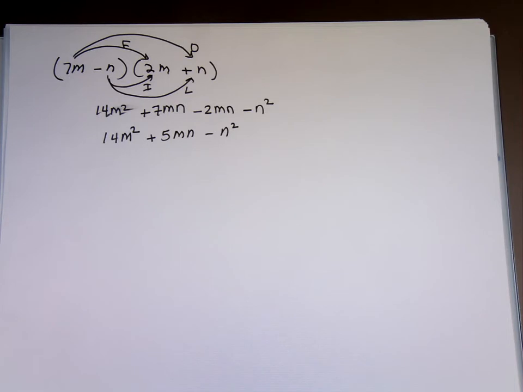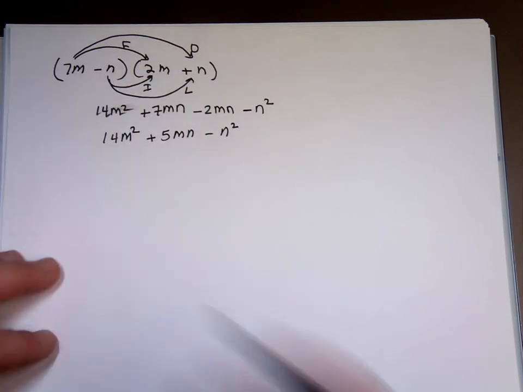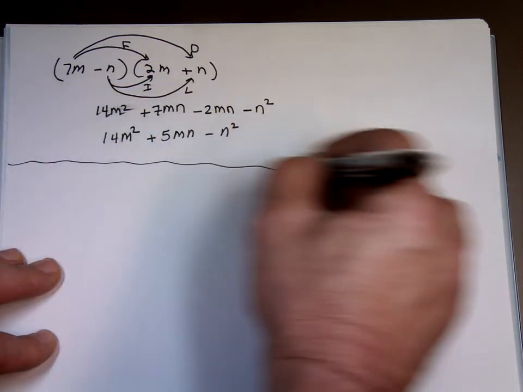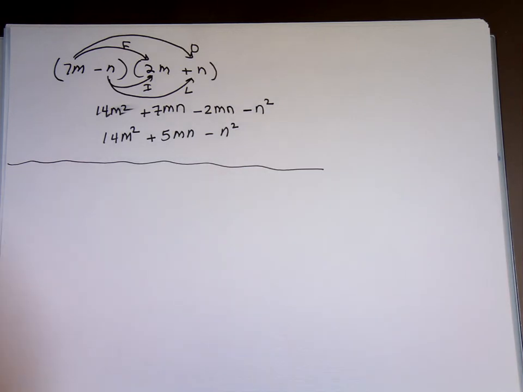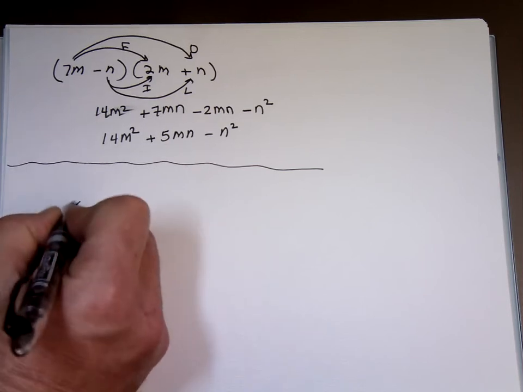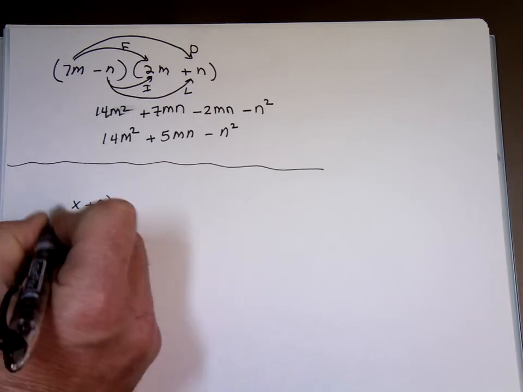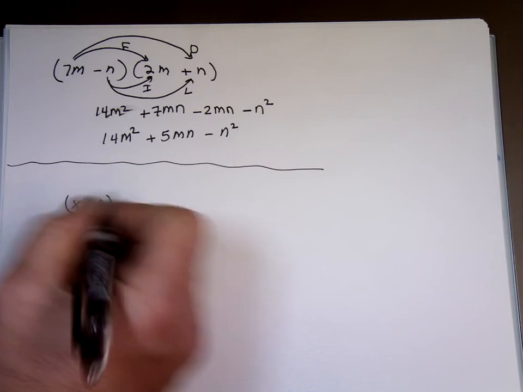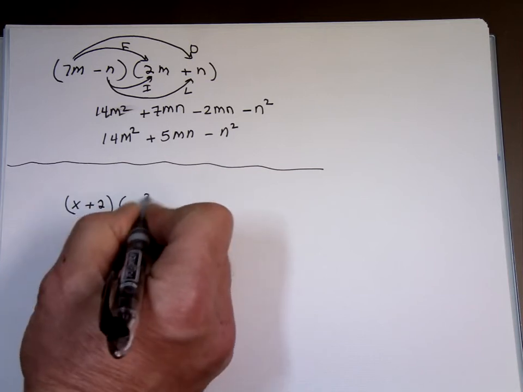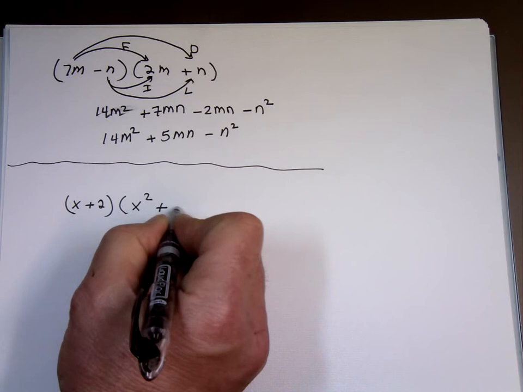Again, you take the first term, multiply it through. You take the second one, multiply it through. The good news is, if you understand that, you can multiply even if the problem was bigger. What do I mean by that? Let's say I gave you this problem. What is x plus 2 times x squared plus 3x minus the 1.